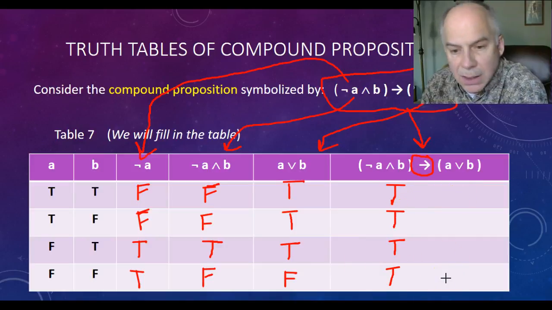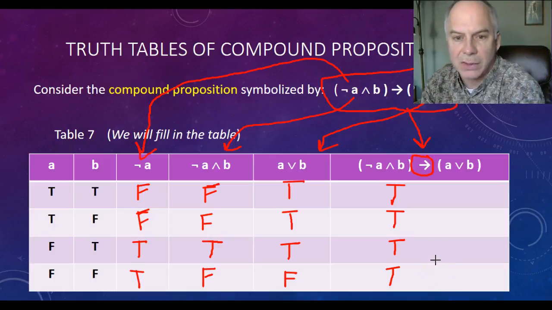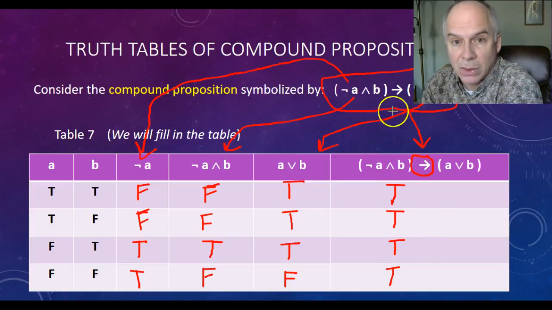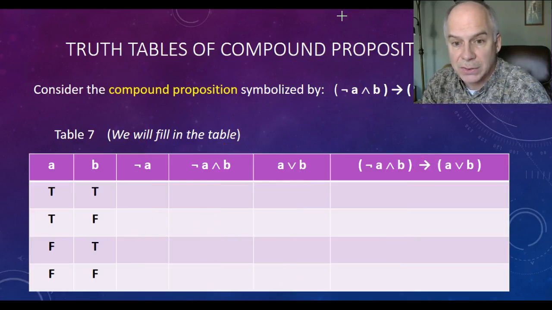All right. Now, when a statement is always true for all the values of the propositions that are in the statement, then that's called a tautology. Okay, so it's always true no matter what the values of the original propositions.